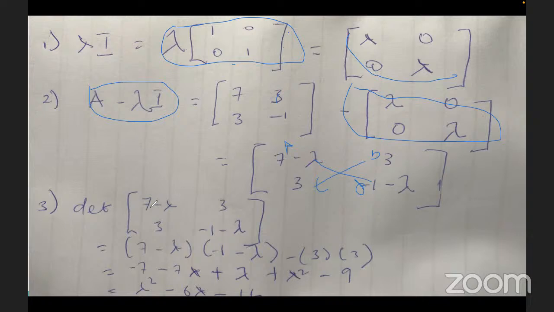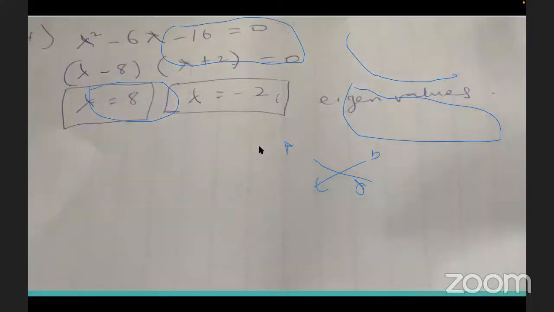So if we do that, we have 7 minus lambda multiplied by minus 1 minus lambda, minus 3 times 3, which is 9. So we arrive at this equation, lambda square minus 6 lambda minus 16. By the time we solve that equation, we arrive at lambda equals 8 and lambda equals minus 2. So these are the eigenvalues of this matrix.